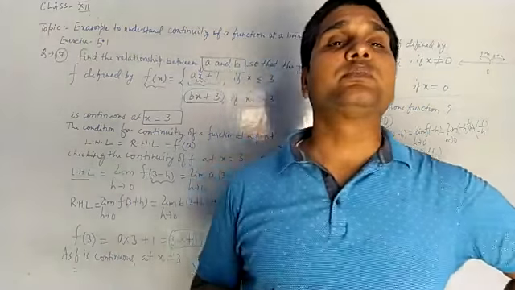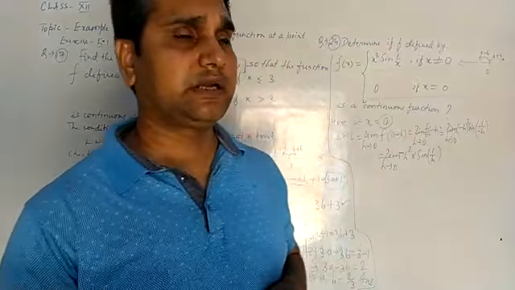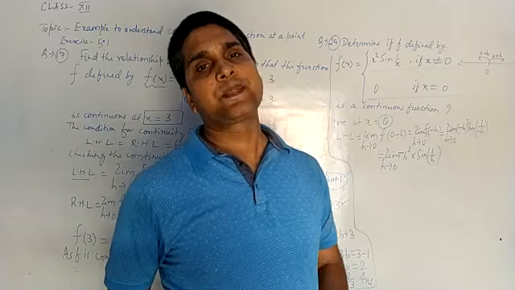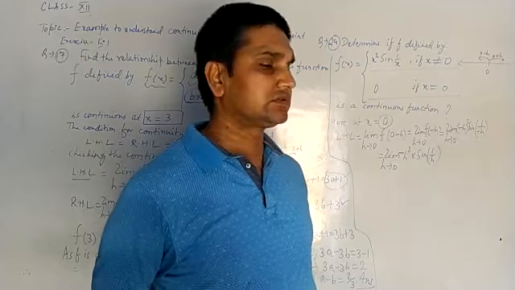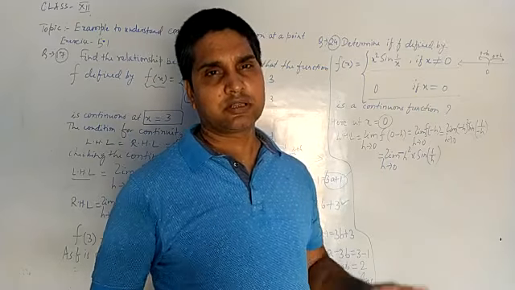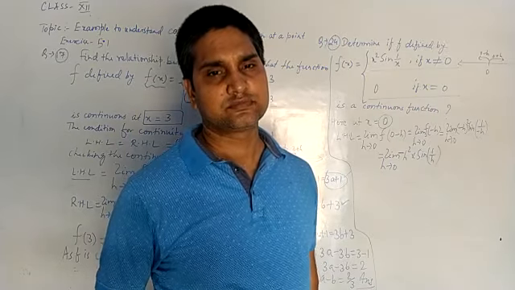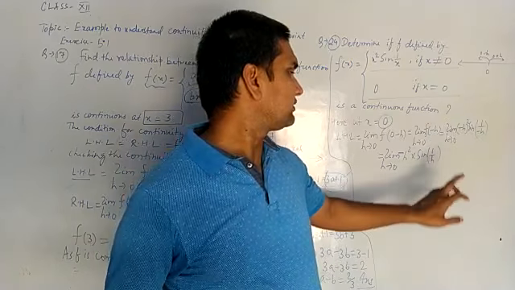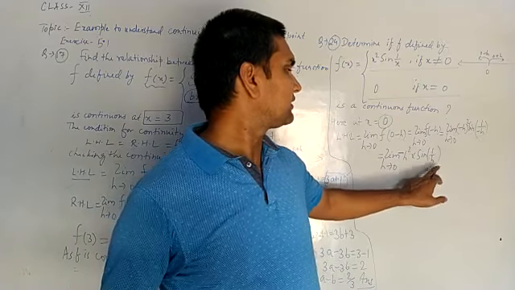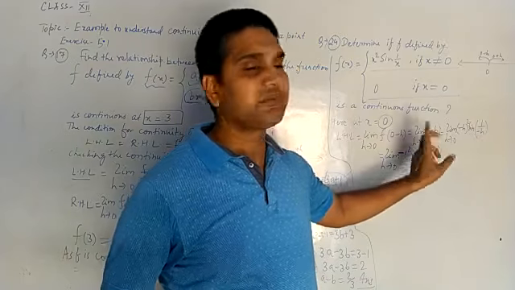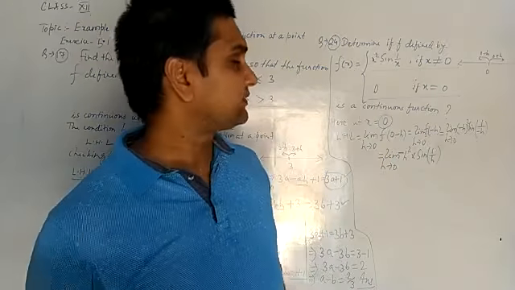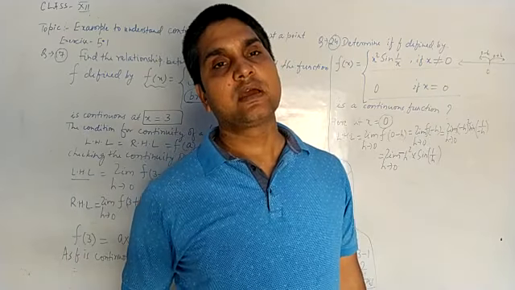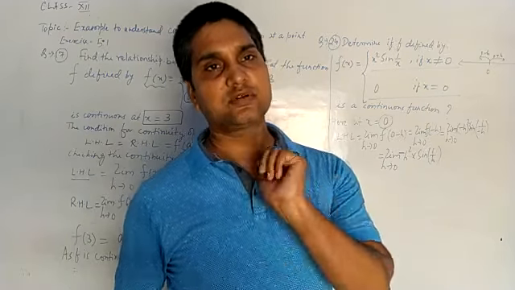If 1 is divided by a very small value, what should it give? A very large value. So some large angle will come inside the sine. Sine of something gives you a constant value.